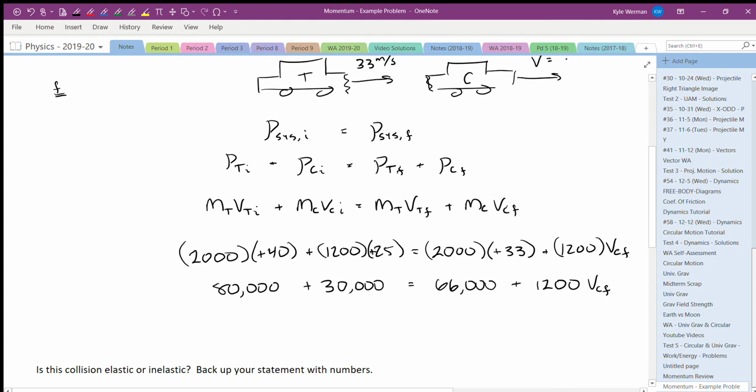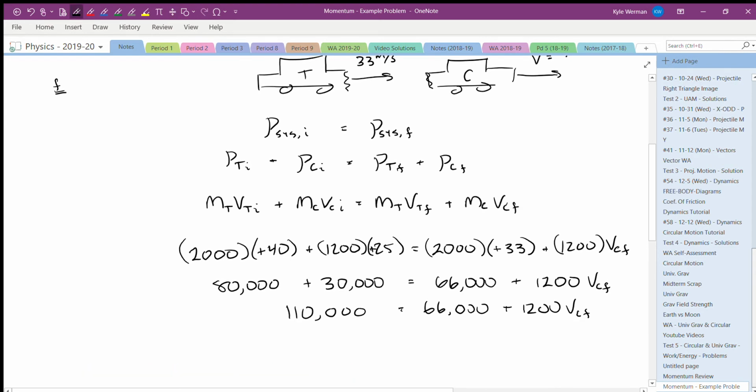So on the left side, you have a total of 110,000. If I add those together, 80,000 and 30,000 is equal to 66,000 plus 1,200 V Civic final. Algebraically, I would subtract 66,000 from 110,000 and get 44,000 is equal to 1,200 V Civic final.